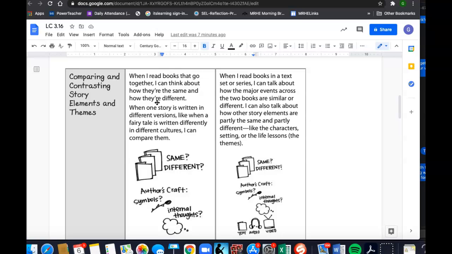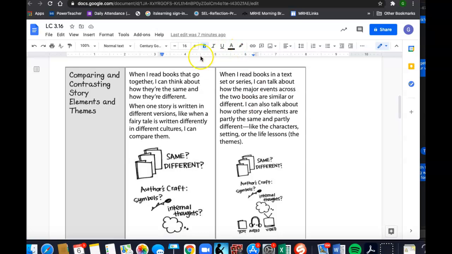But now, as we're journeying through third grade, we need to dig deeper with that. We need to look at how the major events of the books are similar and different. Also, characters, setting, what about the lessons that they learned?